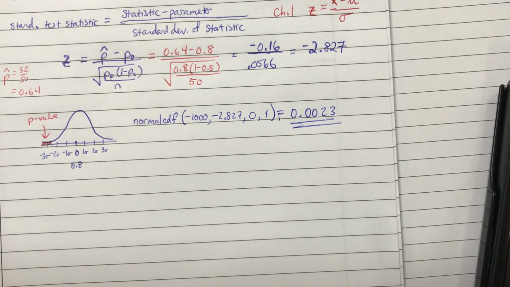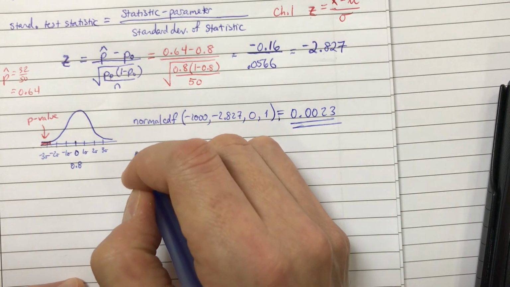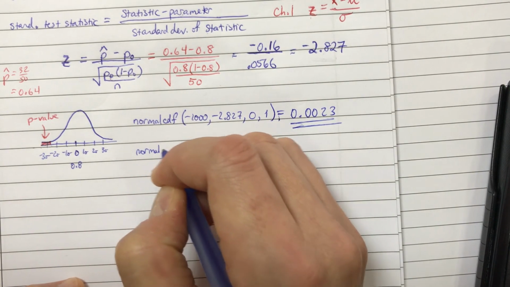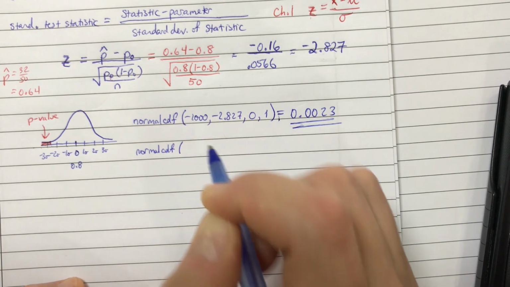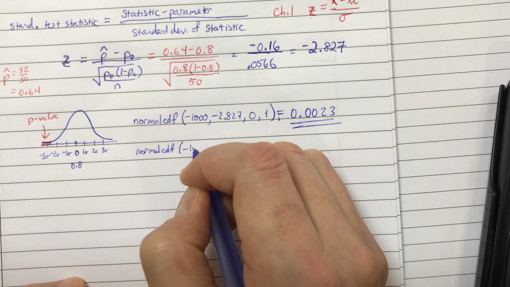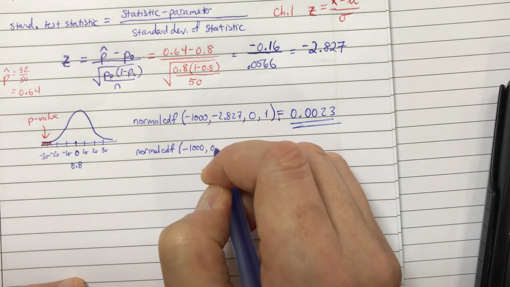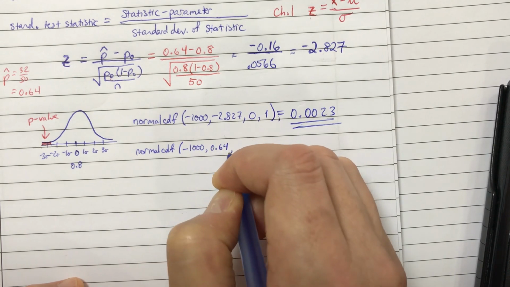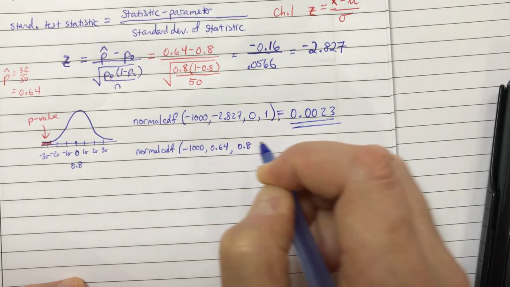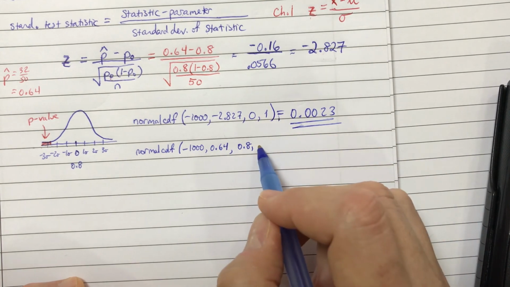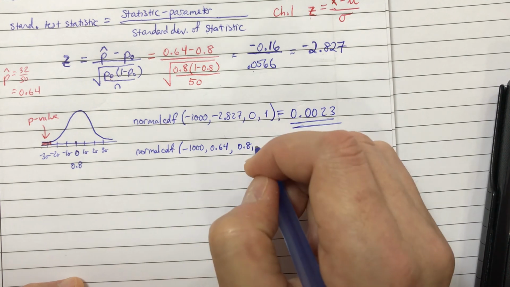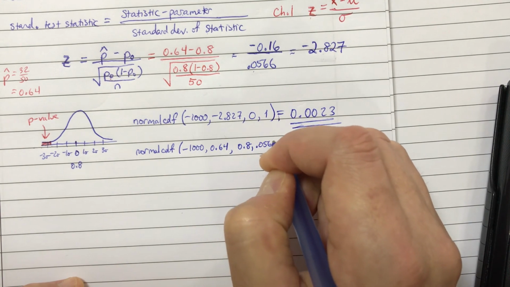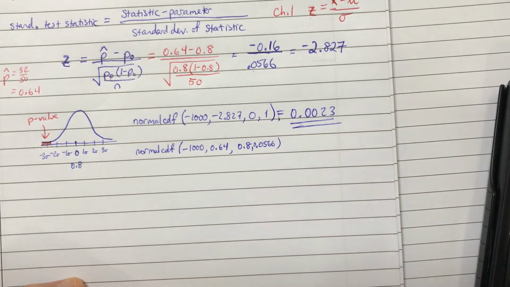If we had done it that way, normal CDF from negative 1,000 to 0.64, where the mean is 0.8 and the standard deviation of the statistic was 0.0566.